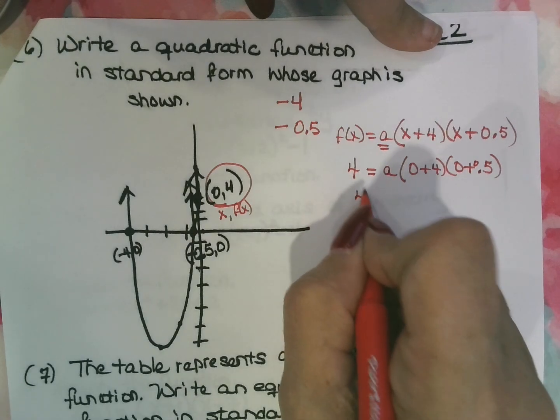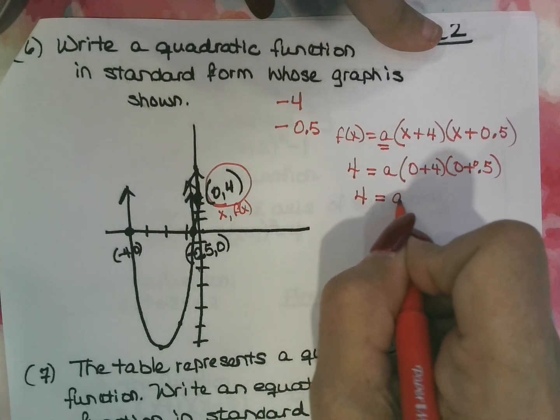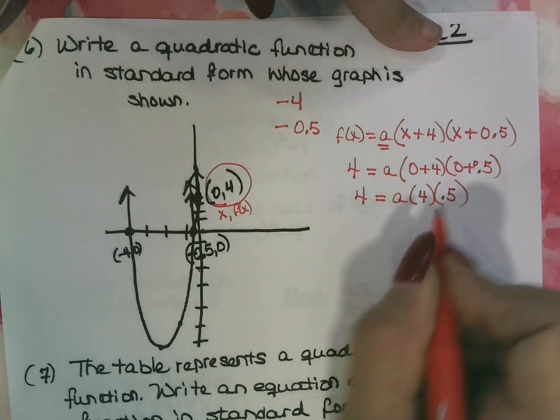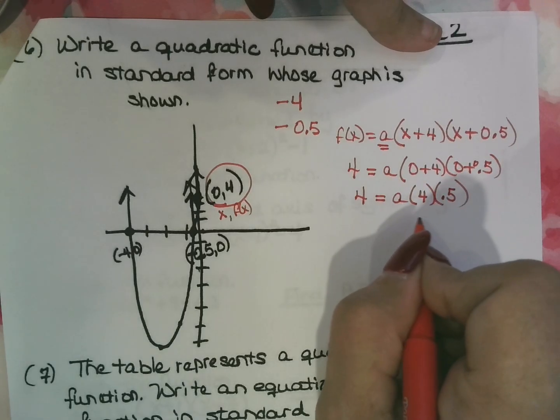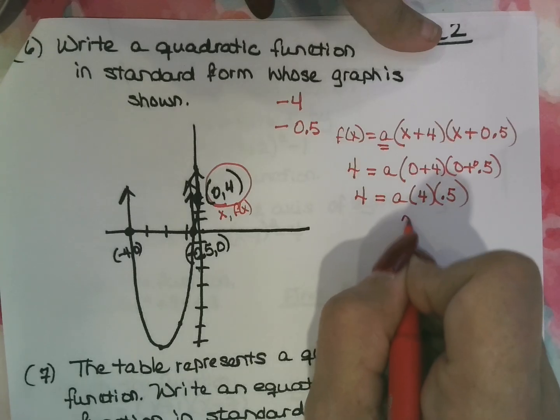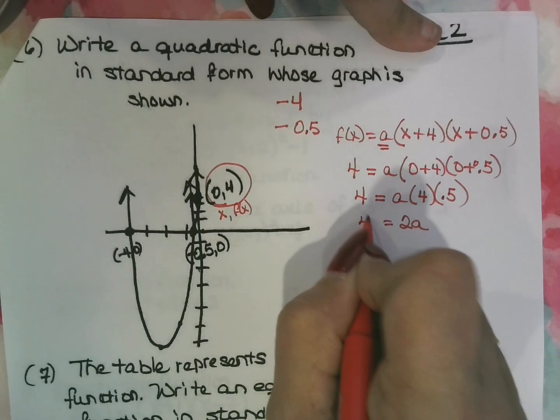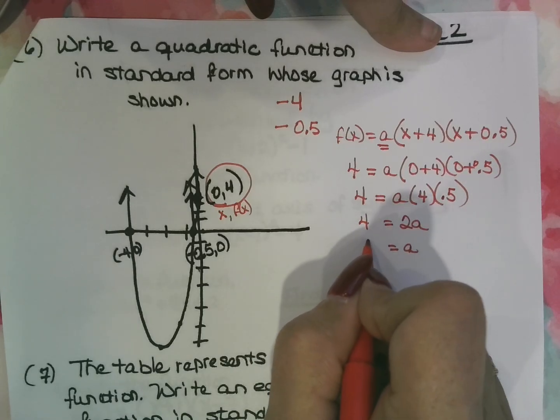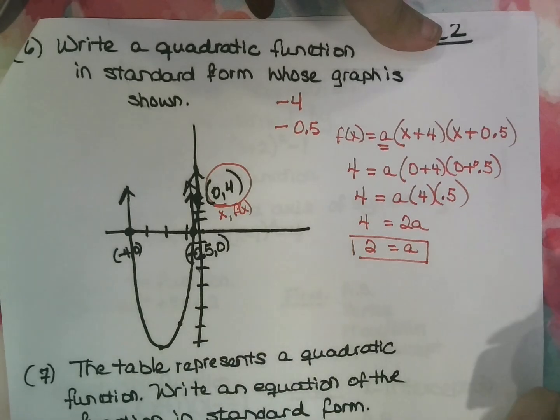All right, 4 equals a times 4 times 0.5. Well, 4 times 0.5, that's just 2. 4 times a half. So this is just 2a equals 4. That means, dividing by 2, a is 2.